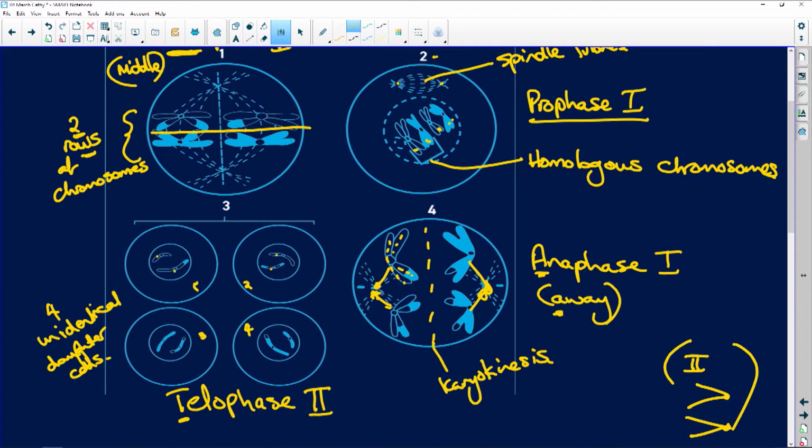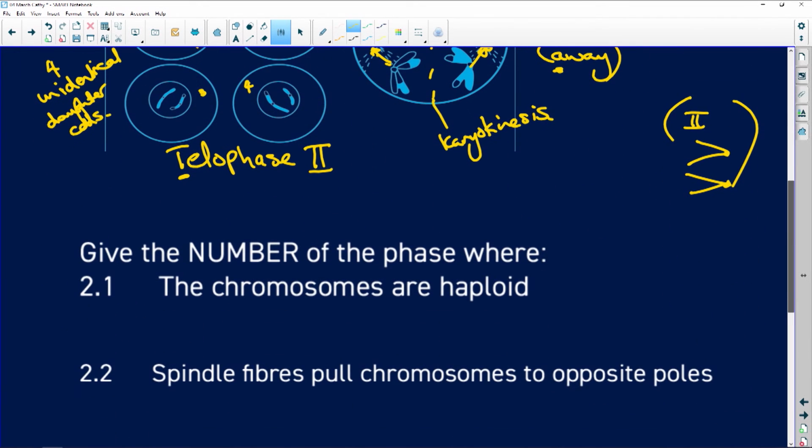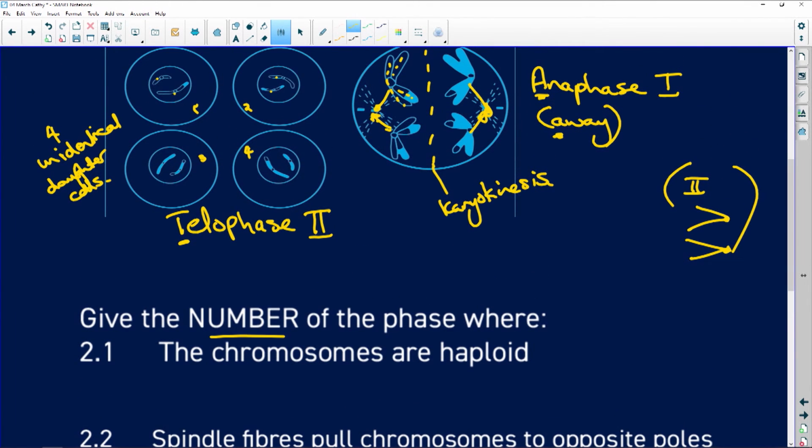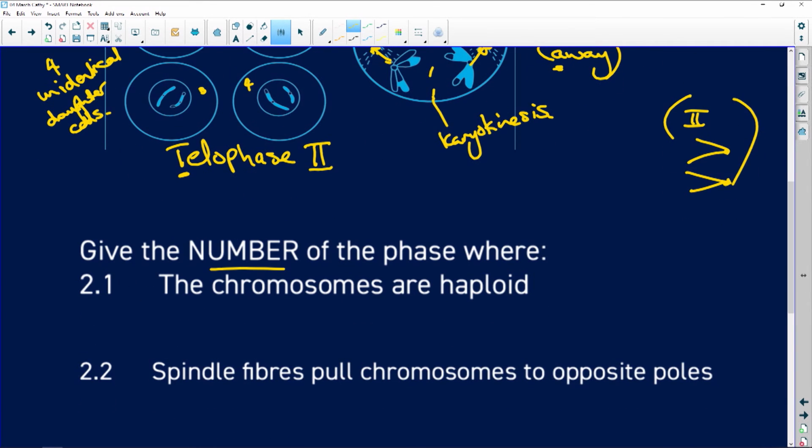Okay, right. Let's have a look at our questions. It says give the number of the phase where the chromosomes are haploid. Well, that's easy. They are haploid here. So that would be in diagram 3. Why in 3? Because 3 is, and I'm going to put this in brackets, telophase 2.